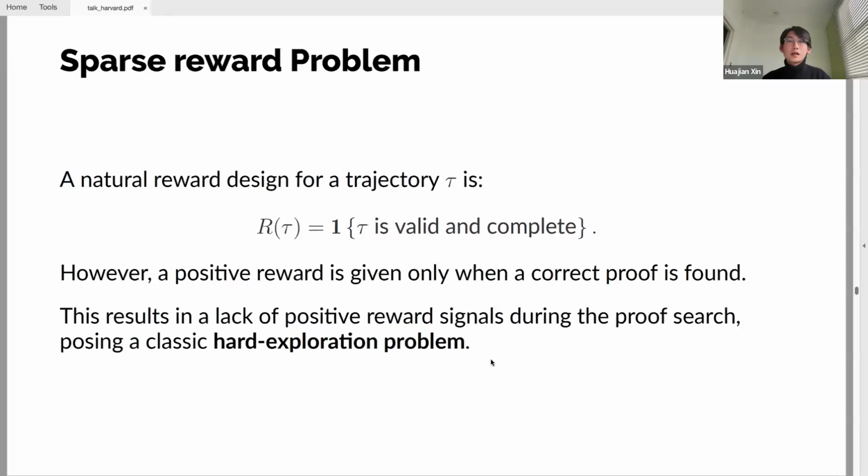In other words, during any proof search procedure, we have no positive reward at all. And if we obtain a positive reward, the whole proof search procedure terminates and cannot provide any positive or useful information for further exploration.